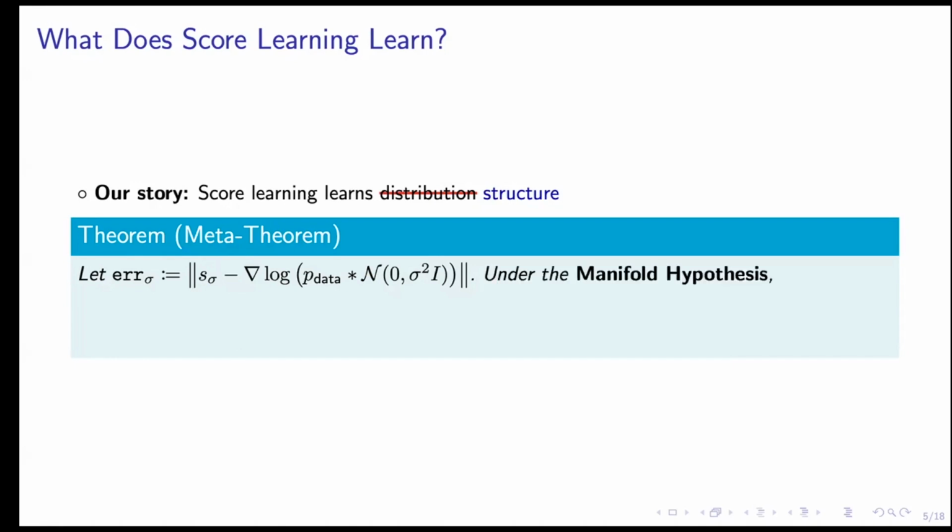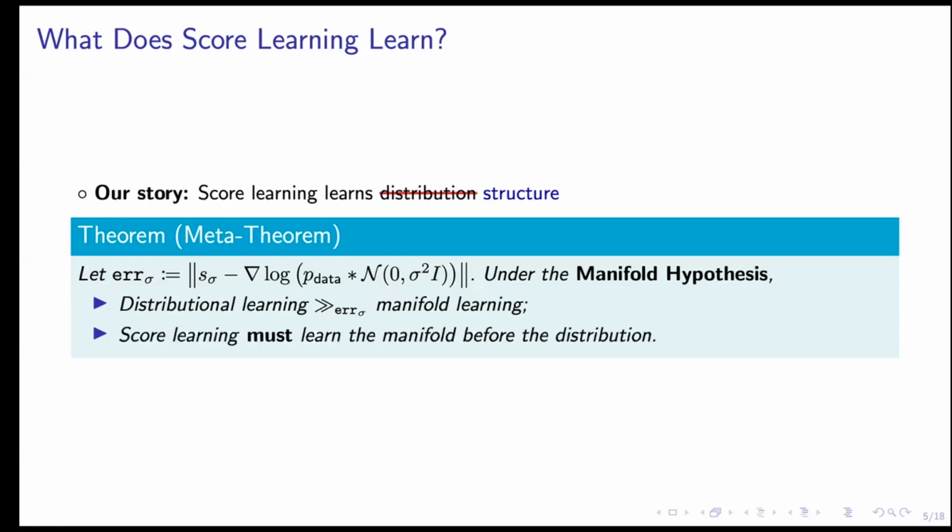Under the manifold hypothesis, we want to show that distribution learning is much harder than manifold learning in terms of the score error. Another implication is that score learning must learn the manifold before the distribution. To fully recover the distribution, you must have learned the manifold. So diffusion models are implicitly learning the manifold before the distribution, although many people think we are directly targeting the distribution.